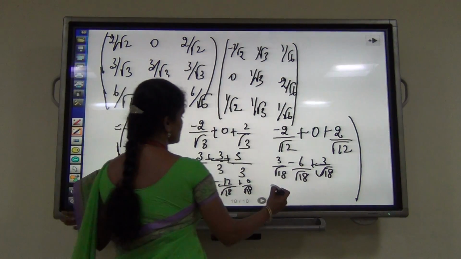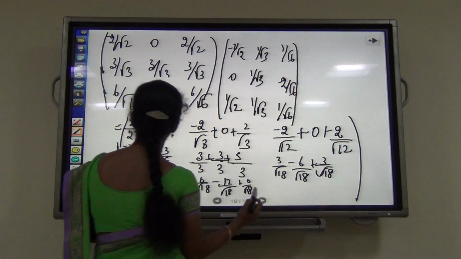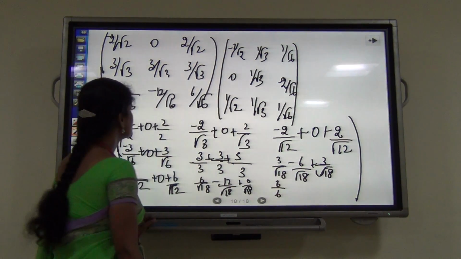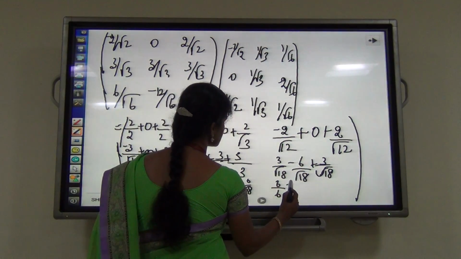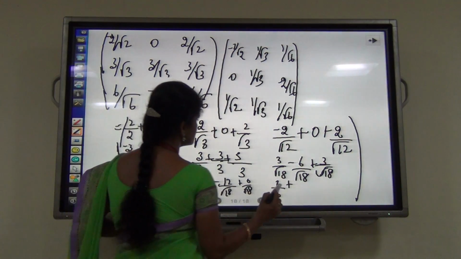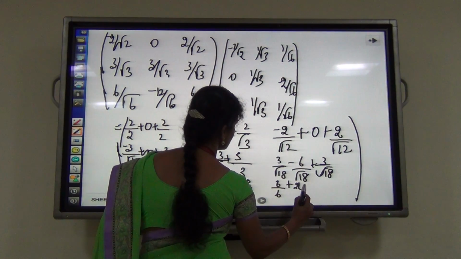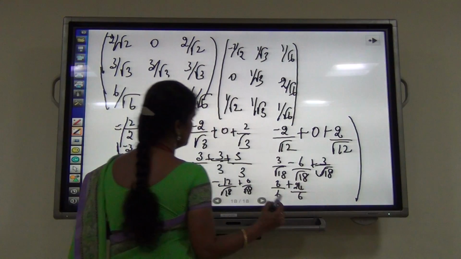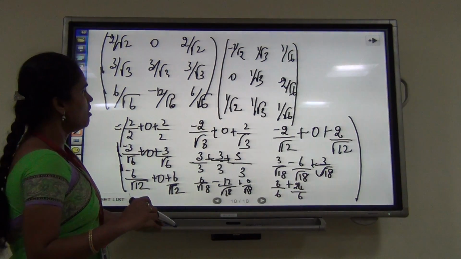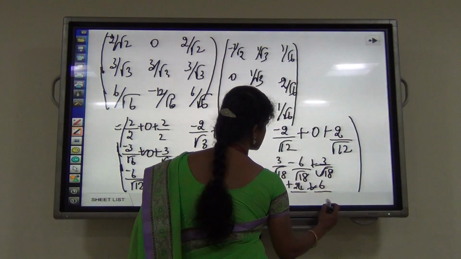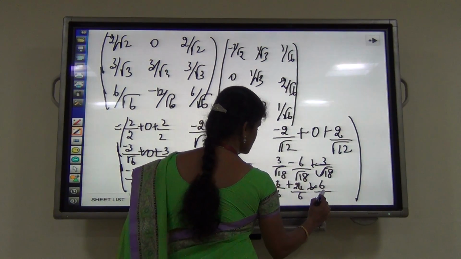And the last element is 6 by 6, minus into minus plus, 2's are 12, 2's are 24 by 6. Then it is again 6 by root 6 by 6 is 6. It's just 6.